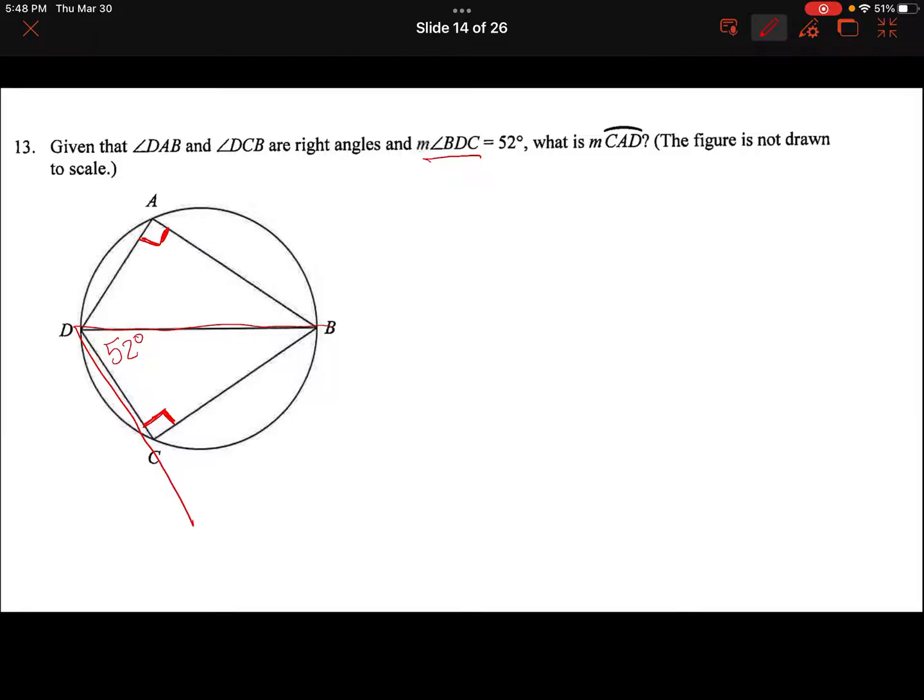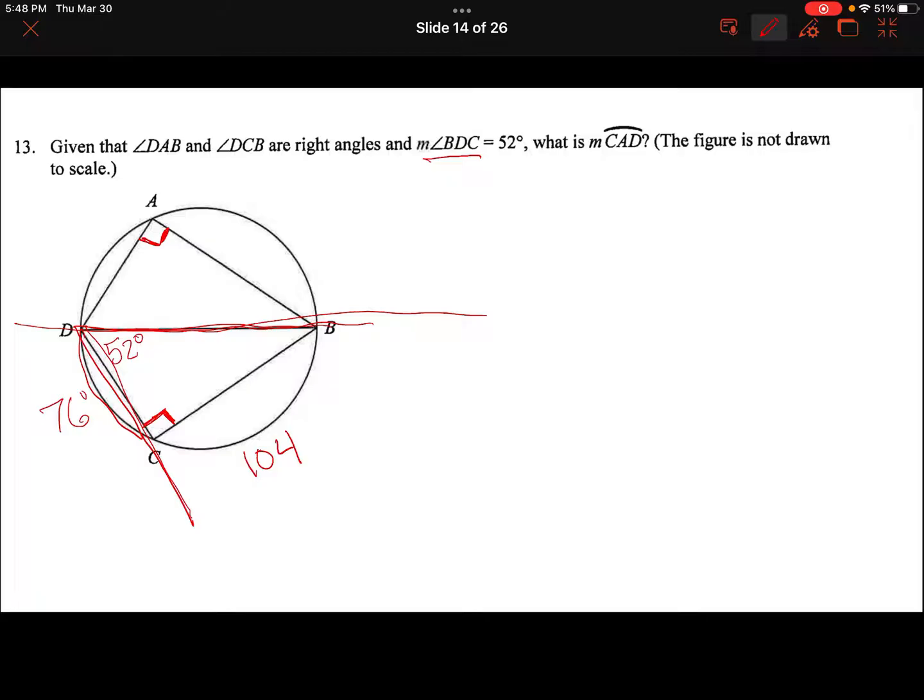Well, before I even look at CAD and what I'm looking for there, I'm going to finish some information here in my figure. Since this inscribed angle is 52, I know that the arc that it intercepts is going to be double that, or 104, which tells me that this other arc here, since DB cuts the circle in half, this other arc here, DC, is going to be 104's supplement, or 76.